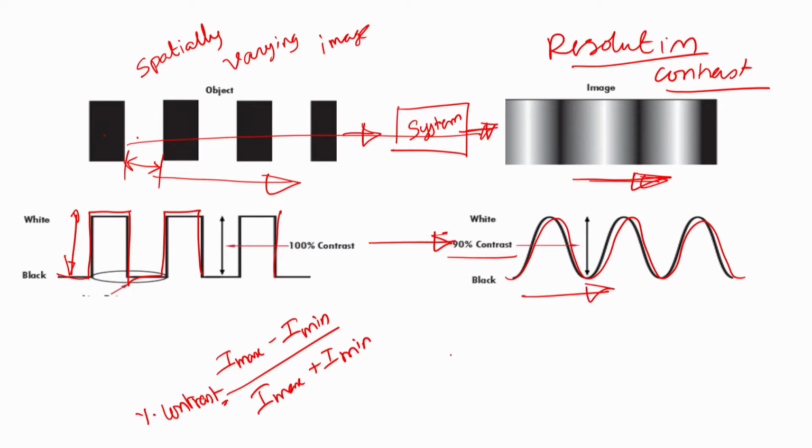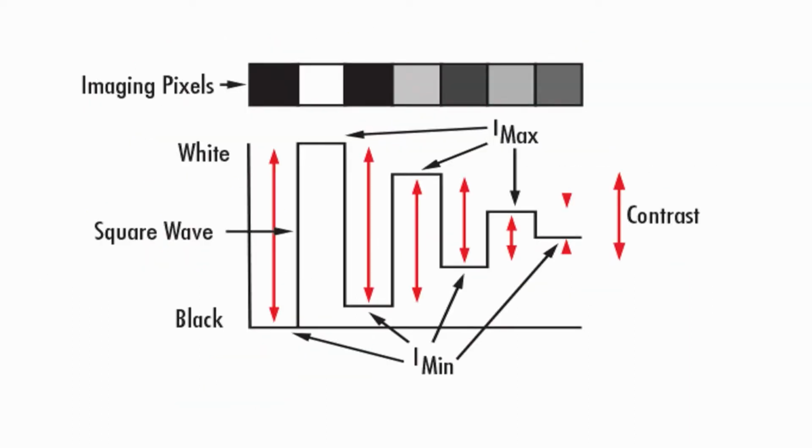Again, to look into a little more detail, let us look at how this contrast is limiting the resolution. Suppose we change the contrast gradually from left to right, where initially it is completely black and white, but slowly we are reducing the contrast.